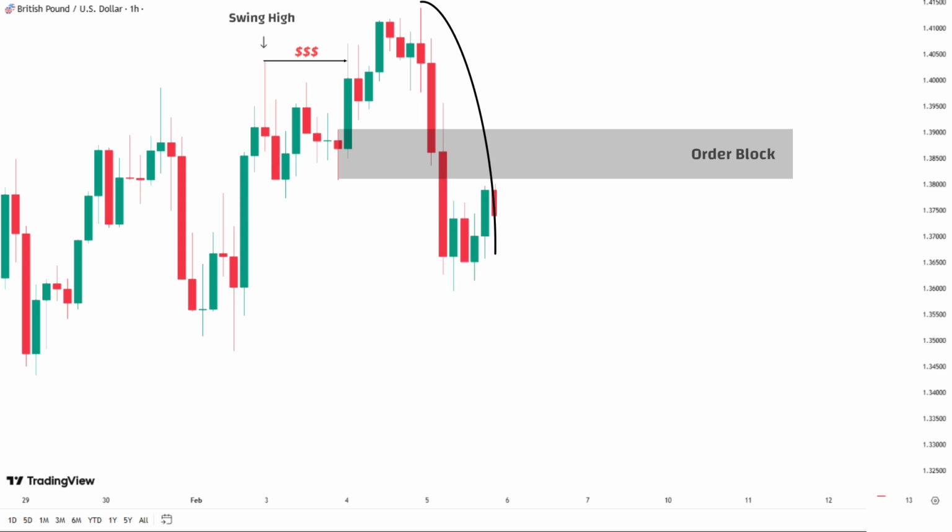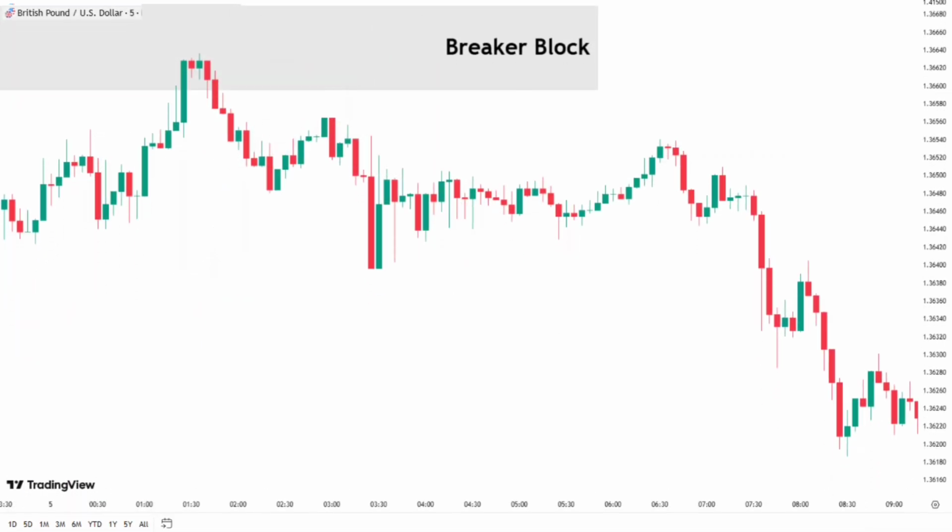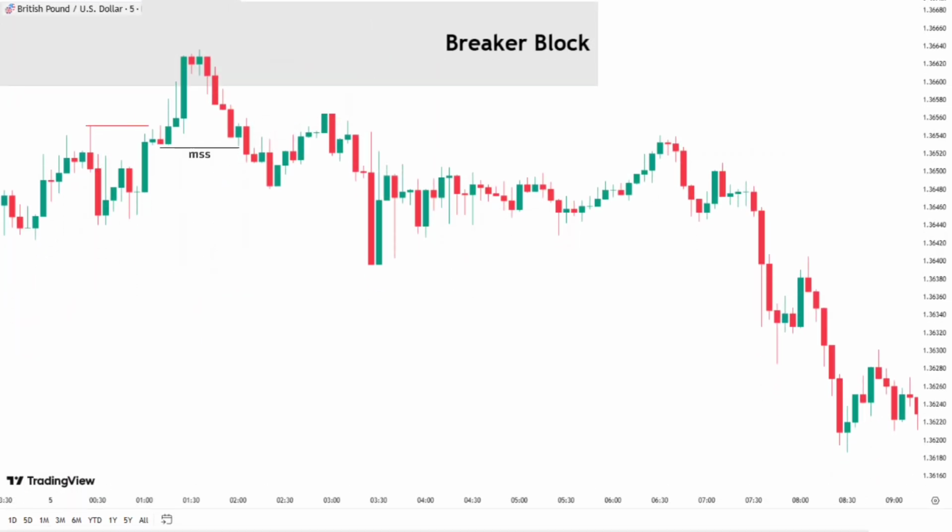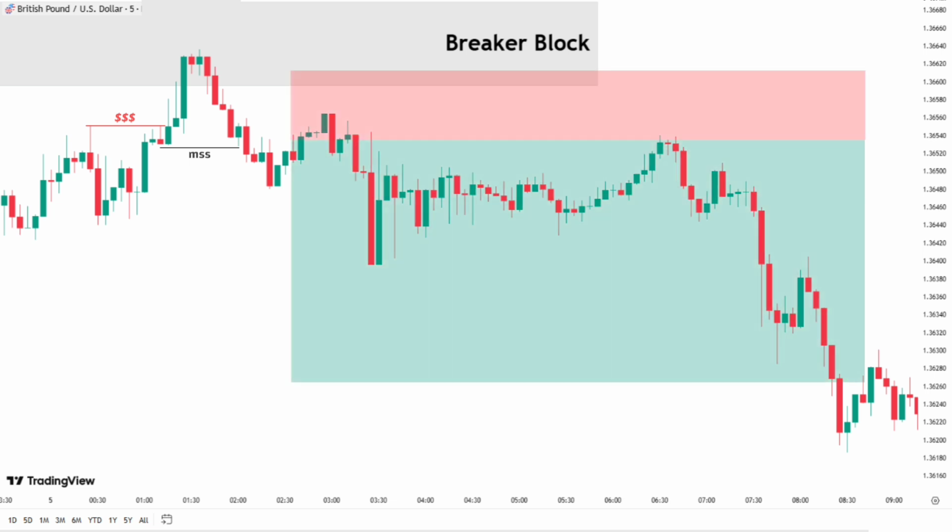A strong bearish displacement follows, breaking below the most recent higher low and confirming a structure shift. The last bullish candle before the breakdown becomes the bearish breaker block. Price retraces into that zone, shows lower time frame bearish confirmation, and continues downward toward equal lows with clean downside follow-through.